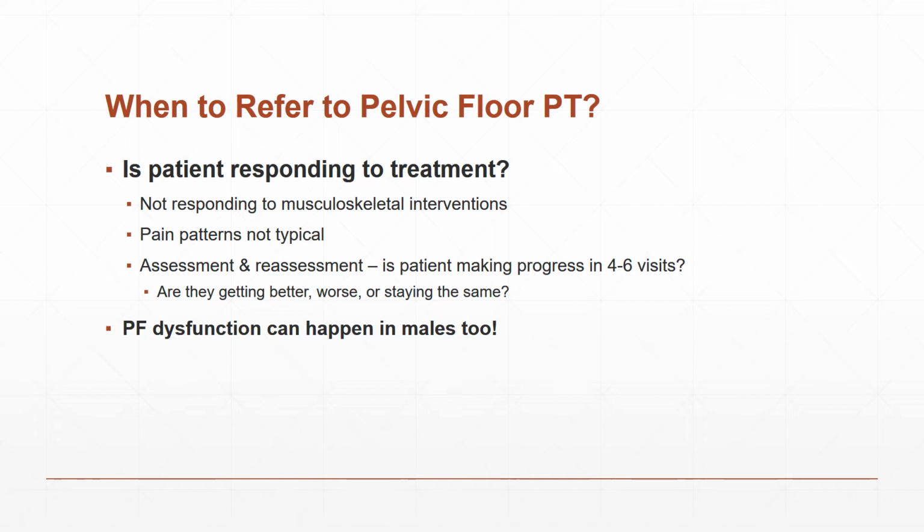So you want to constantly be assessing and reassessing your patients and seeing if they're getting better or worse or if they're staying the same. And then we often forget that pelvic floor dysfunction can happen in anyone. So males can also have pelvic floor dysfunction, not just females, because everybody has a pelvic floor.